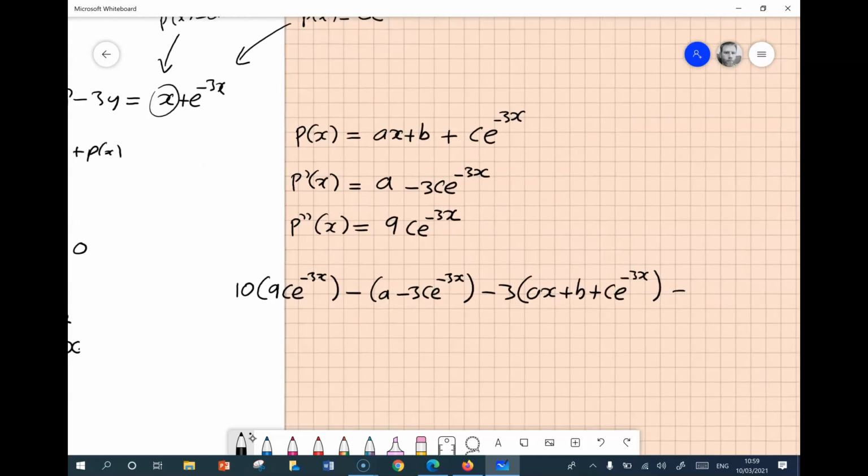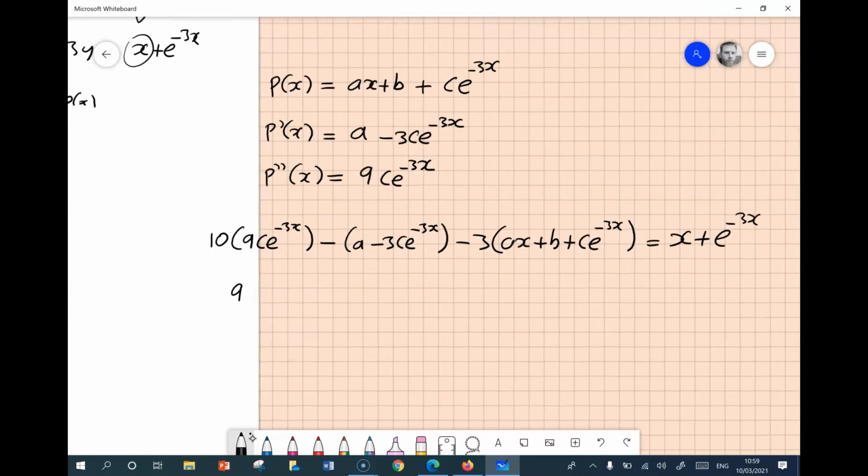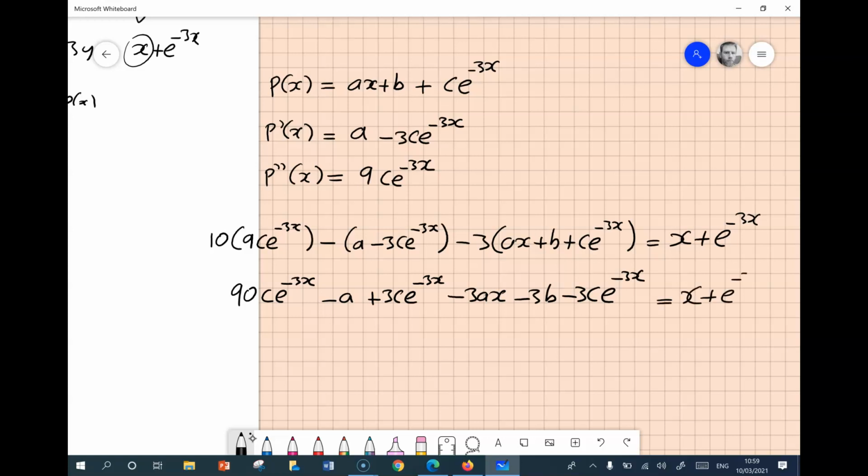And that's equal to x plus e to the power of minus 3x. Okay, so multiplying that out, I've got 90c e to the power of minus 3x, minus a plus 3c e to the power of minus 3x, minus 3ax, minus 3b, minus 3c e to the power of minus 3x. That equals x plus e to the power of minus 3x.